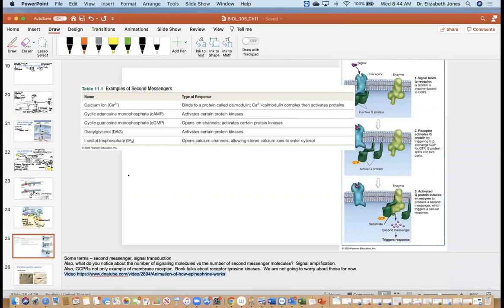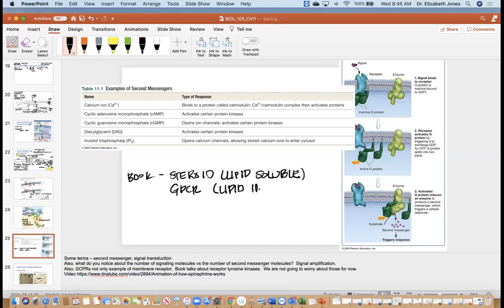Your book has a very good animation for both the steroid, and we'll say that that is the lipid soluble action, and then it also has a good animation for the G protein coupled receptor as well, okay, which is the lipid insoluble, okay?